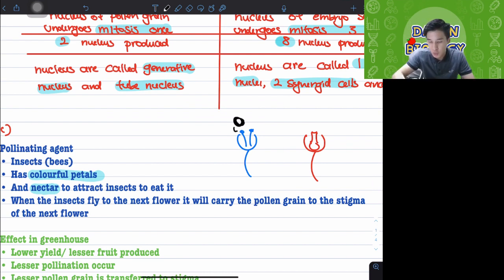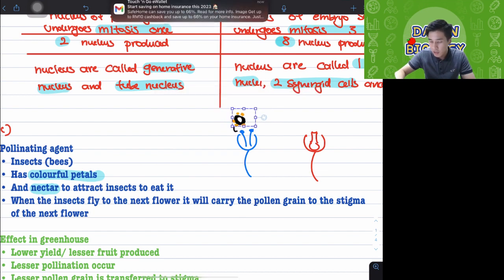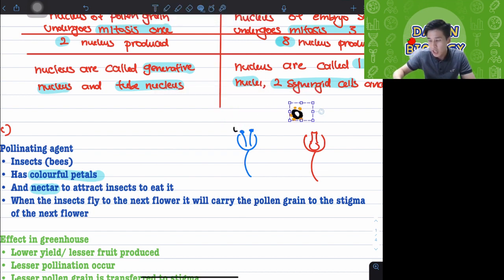So the pollen grain will stick to their body. Okay? So when it flies to the next flower, it would of course carry the pollen grain to the next flower, and the pollen grain might attach to the stigma. And that's how the bee helps in pollination.